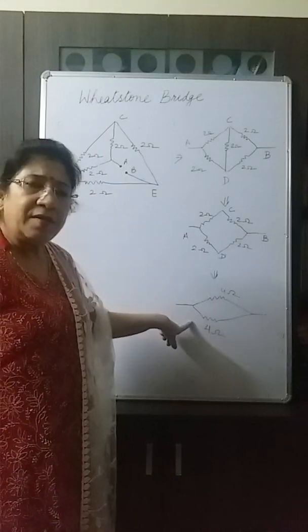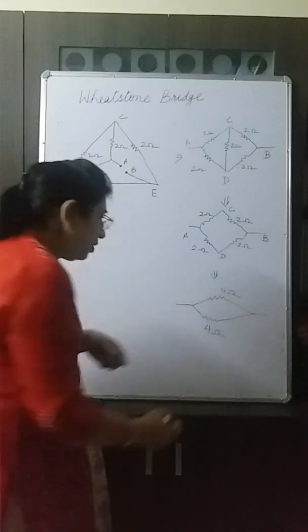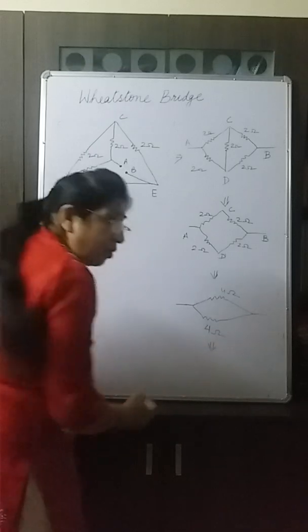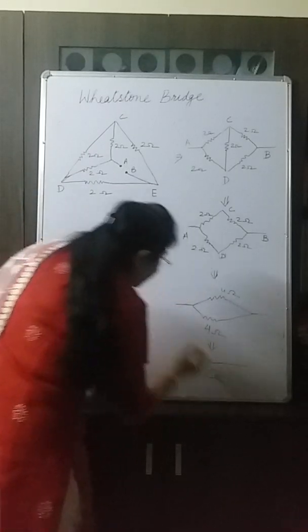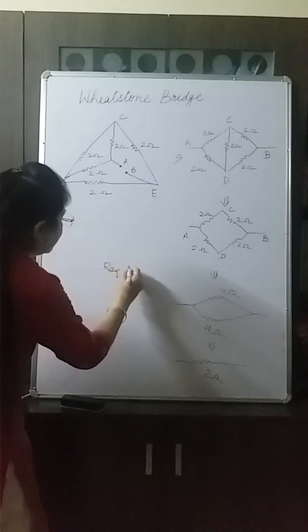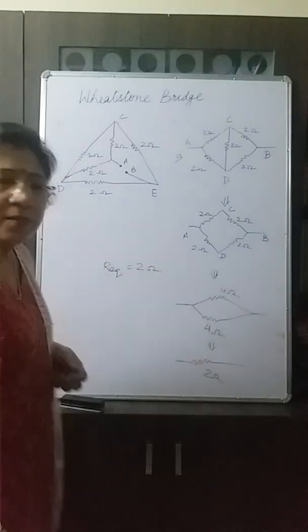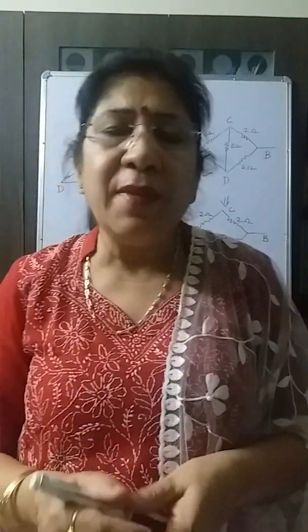Two parallel resistors of 4 ohm each, if we solve it, we will get the equivalent resistance as 2 ohm, and if the battery is there, you can find the current. In this way, this is also a very good method to find unknown resistance.